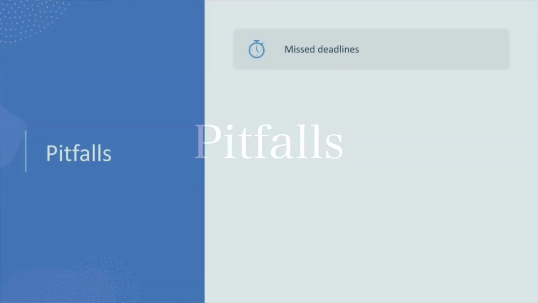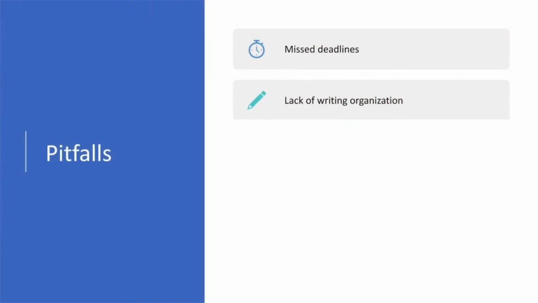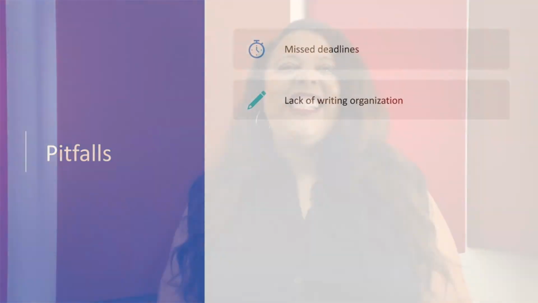Pitfalls. Missed deadlines. That's the number one pitfall. Please, please, please make sure that you upload your documents and your submission before or when it's due. Lack of writing organization. Get you a writing calendar and stick to it. Be consistent. I wrote on Mondays, Wednesdays, and Fridays from 6 to 9.